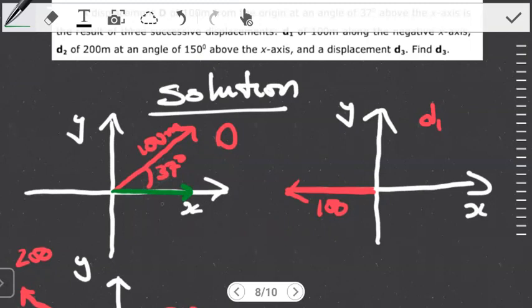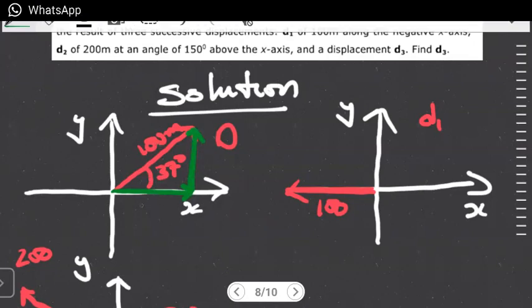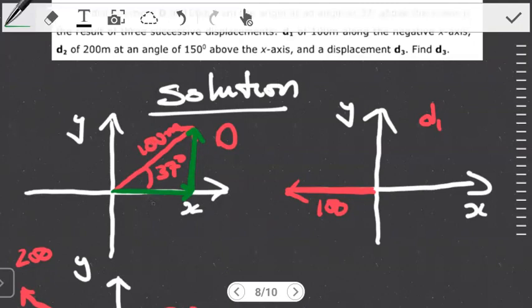I already took time to explain how you get this. If you're not sure, you can still use Pythagoras theorem, since if you did this, you make a right angle triangle. So you should see that cos is adjacent over hypotenuse. So it's going to be whatever the x component is divided by the hypotenuse. When you make the x component subject of the formula, you're going to end up with 100 cos 37 as your x component.